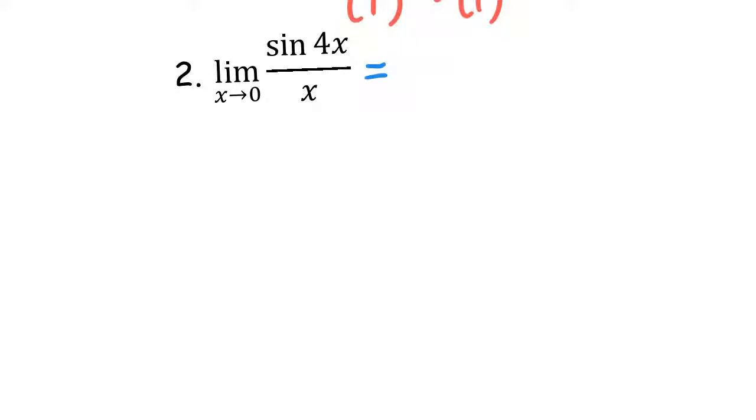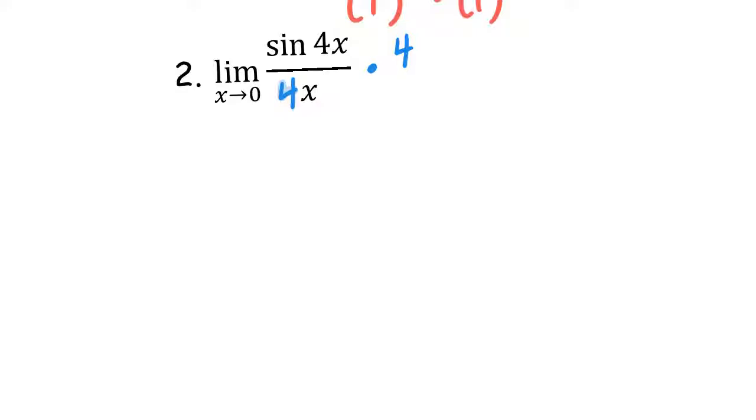If I put a 4 here, that means I'm dividing by 4, so I need to multiply by the reciprocal of 4.